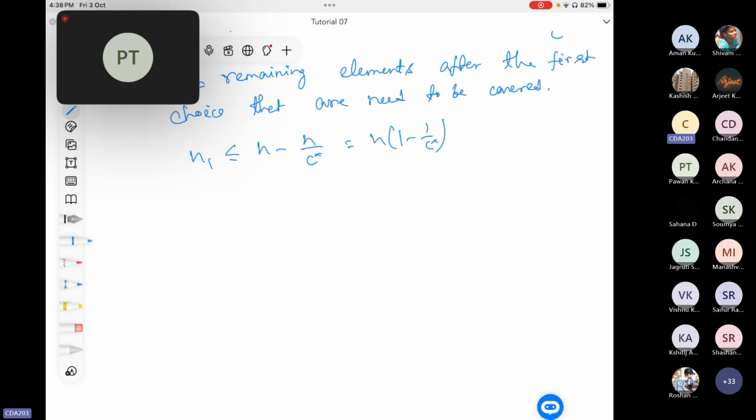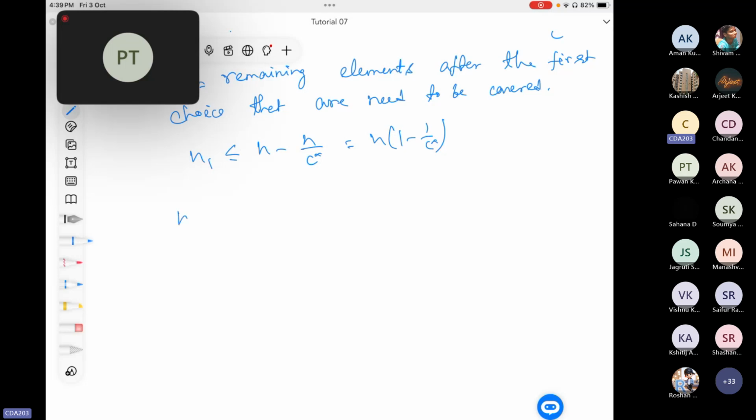The same steps will be repeated in the second step. You choose the second one now, but you have already chosen one set, and in the optimal set you also know that it's covered.